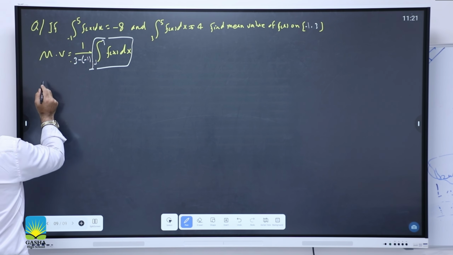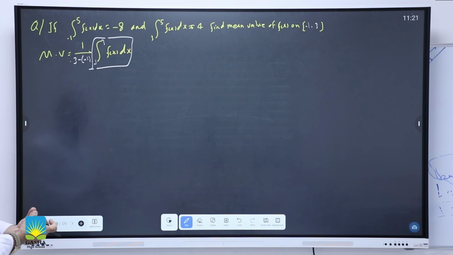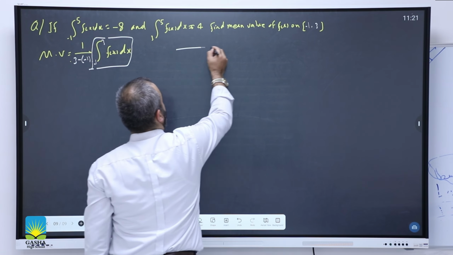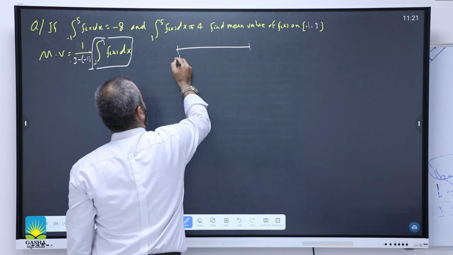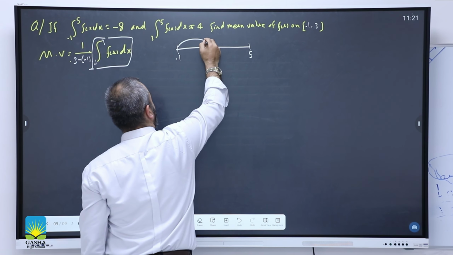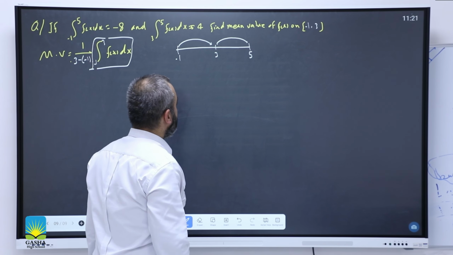So what about this? What is the large interval of the integral? The large interval is -1 to 5. Why? Because we have here -1 to 5 and it contains 3. So -1 to 3 and we go from 3 to 5.